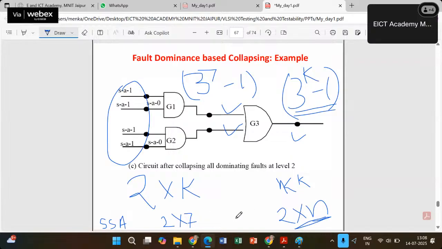So the total number of faults maximum can be possible with the help of equivalence or dominance based collapsing can be reduced to 2 into 4. It can be reduced to max 8, and we have reduced in this to 6. This is a particular circuit. In some other circuit, maximum it can go up to 8. So if you have any query, please feel free to ask.